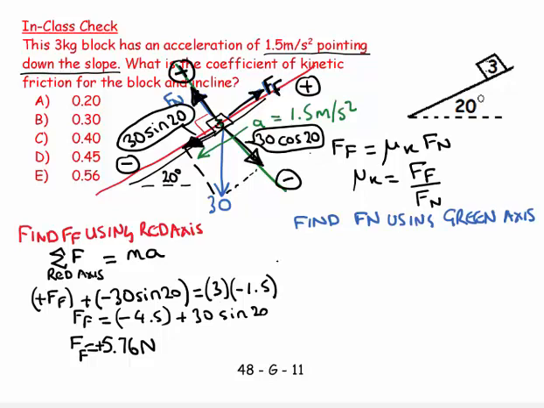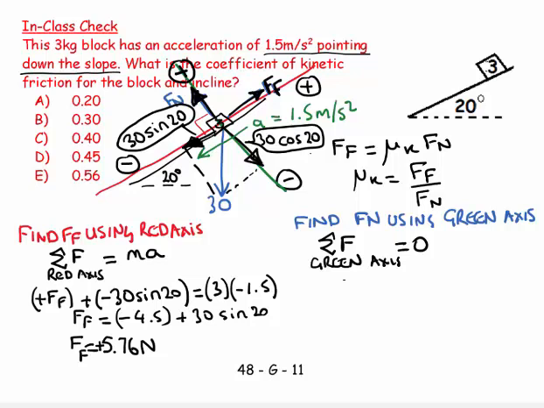Now in this case the sum of the forces in this direction equals 0. The sum of the forces along the green axis equals 0. Or you could say the sum of the forces equals ma, and then recognize, oh, but the acceleration is perpendicular to this axis, and so it has no component.